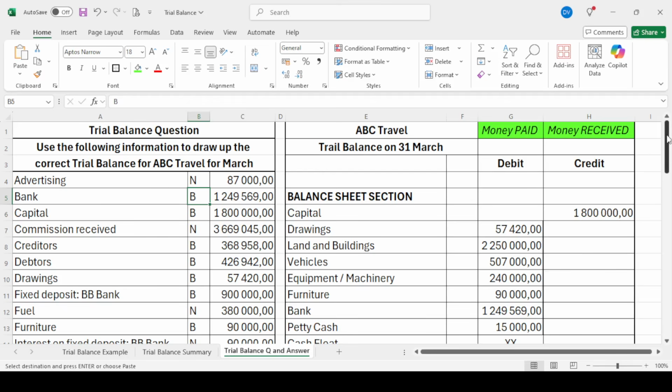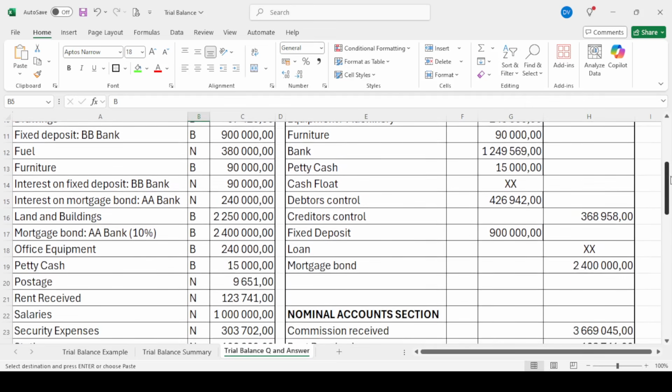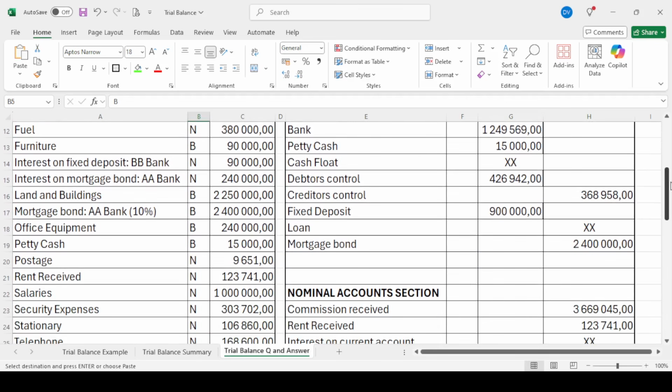So we've inserted everything. Now you will see, if you learn this format as is and there wasn't an amount, like there was nothing for cash float, you just leave it blank. You don't have to draw a line through it or anything. You won't lose a mark for that. You just leave it blank. We've got our debtors control, our creditors control, our fixed deposit.